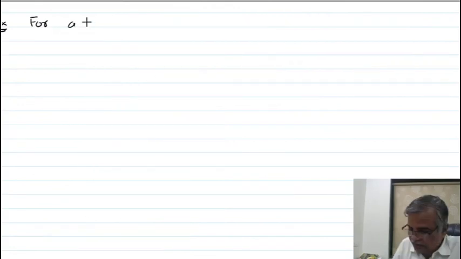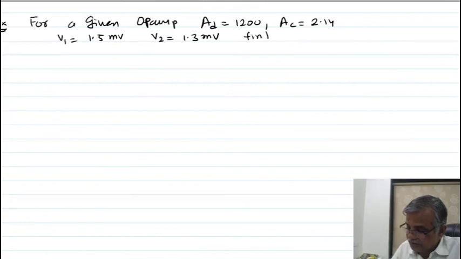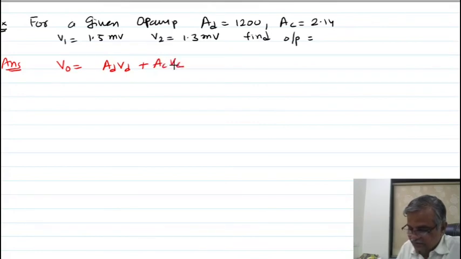It's very simple. For a given op-amp, differential gain is 1200, common mode gain is 2.14, V1 you are giving 1.5 millivolt, V2 you are giving 1.3 millivolt. Find the output. Answer: we know that VO is ADVD plus ACVC.